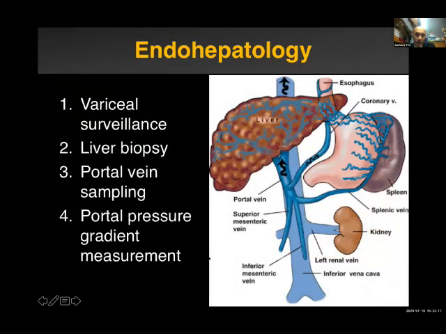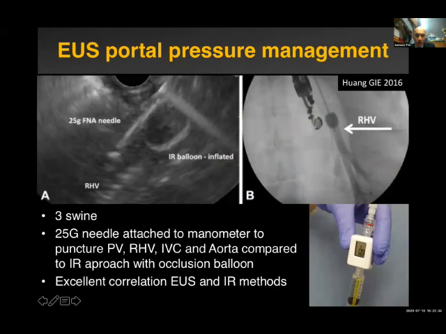As mentioned previously, now there's a new subdivision of endoscopy known as endohepatology. So with EUS, we can also perform variceal surveillance, EUS-guided liver biopsy, portal vein sampling, and also measurement of portal pressure gradient.